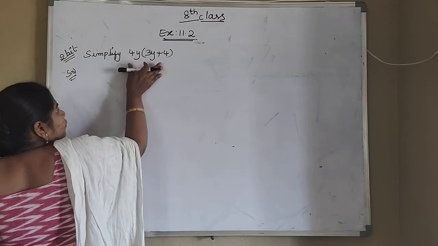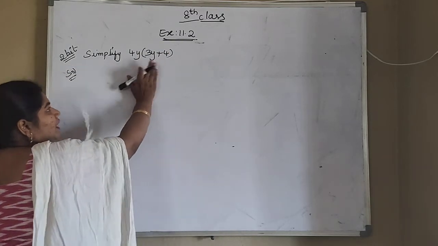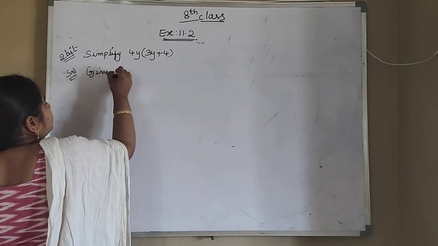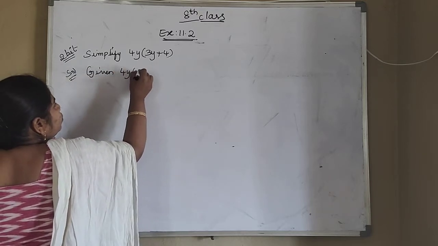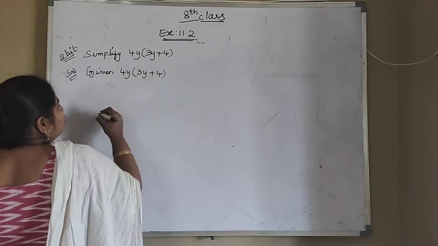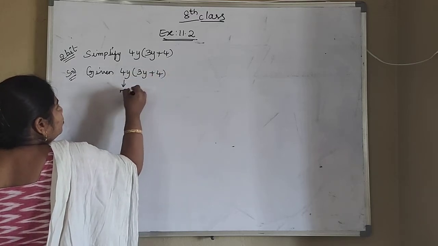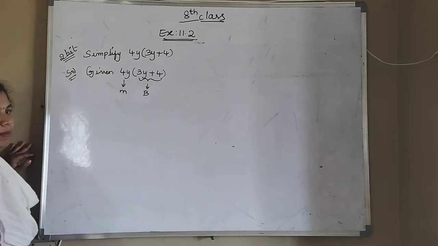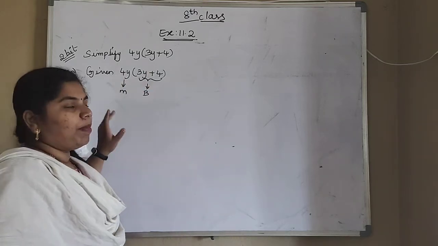So what we have to do? We have to multiply these two. Simplify is nothing but multiplying. So given 4y into 3y plus 4, this 4y is a monomial and this 3y plus 4 is a binomial. So we are multiplying a monomial with a binomial.